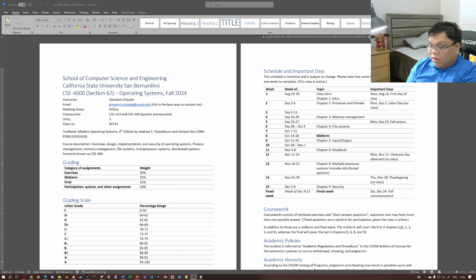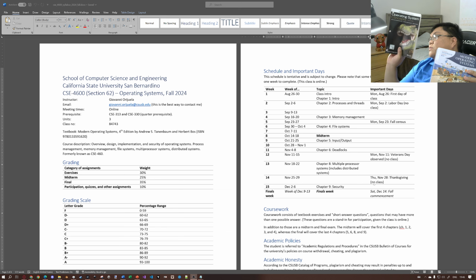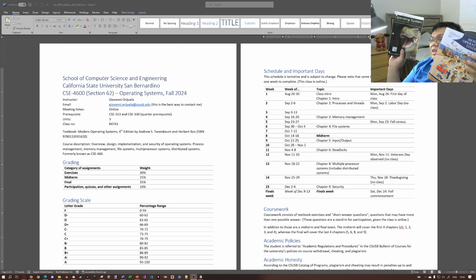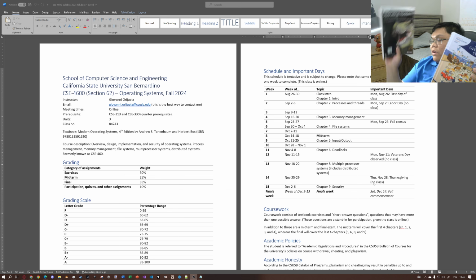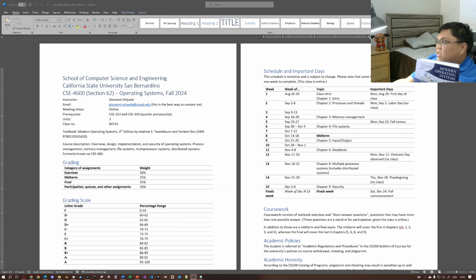So, we're going to be working with this book, but I'm going to do my best to make it line up with the first half of this book, so that when you take 4610 one day, you should be more or less in the middle of this book, because there's a good chance that you'll be using this book instead.